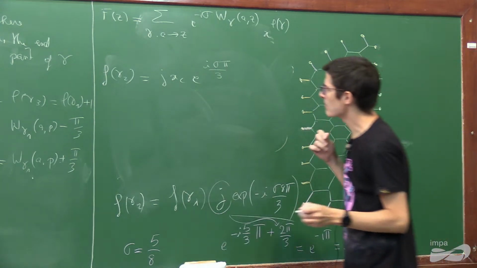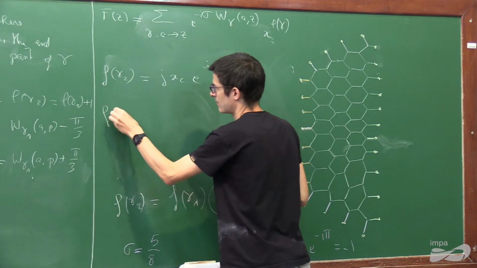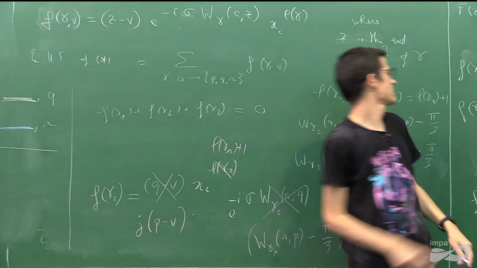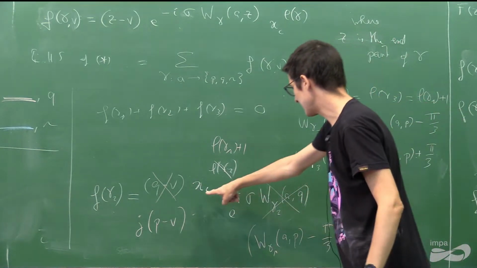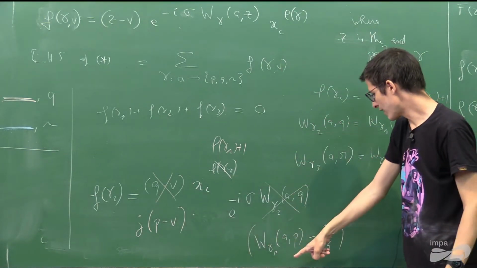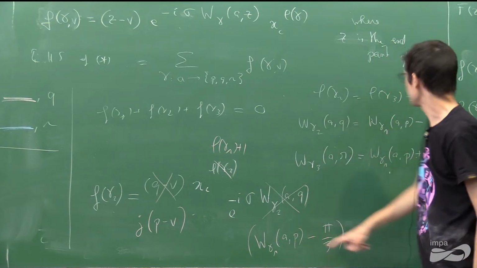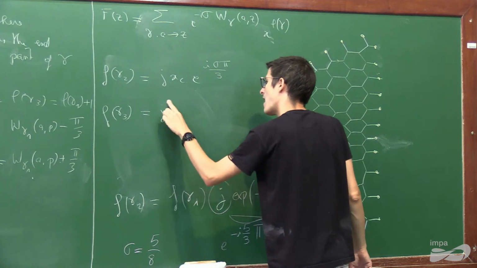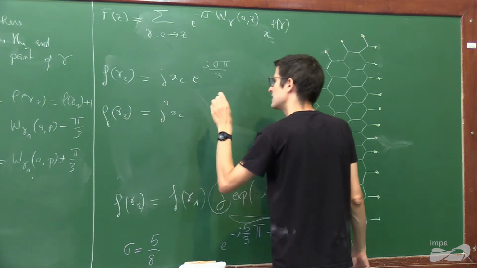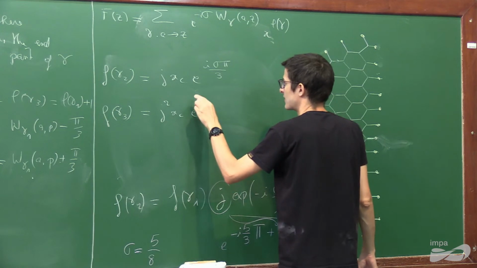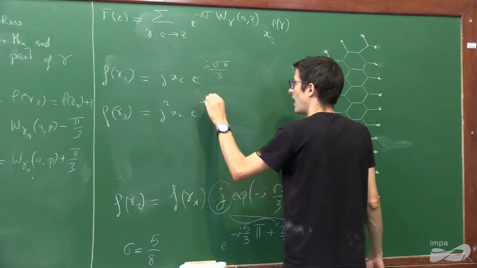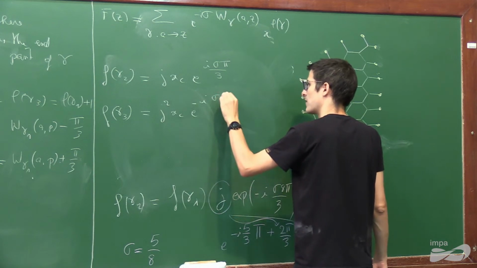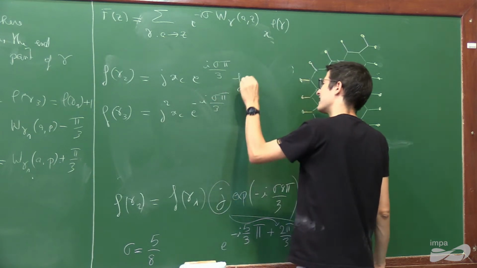In the same manner, for f of gamma 3, I would get j square. On x, I get exactly the same thing, and on the winding, I get plus instead of minus. So j square xc exponential minus i sigma pi over 3. And here I get f of gamma 1.